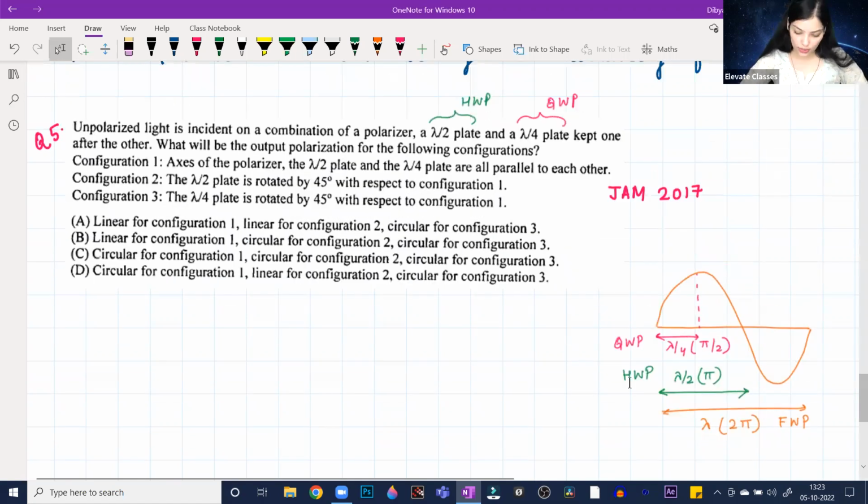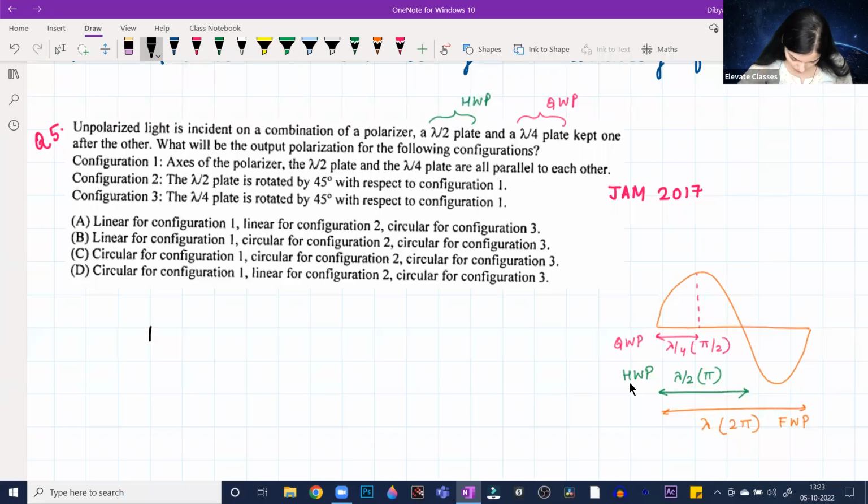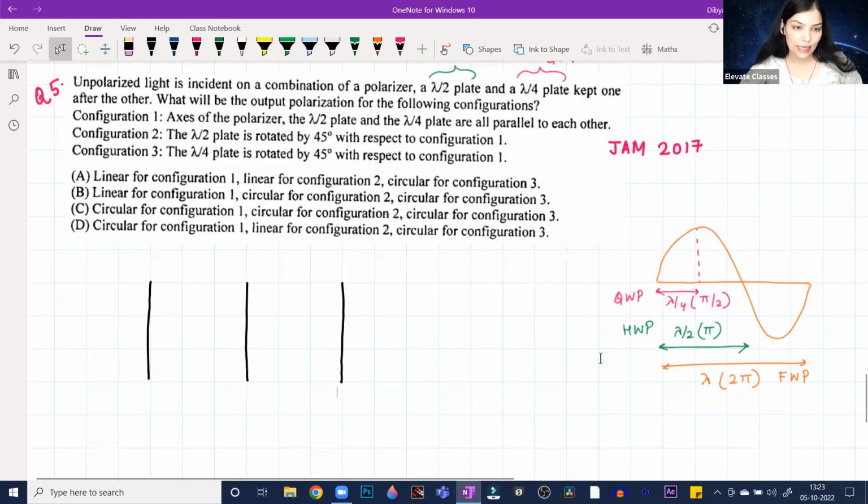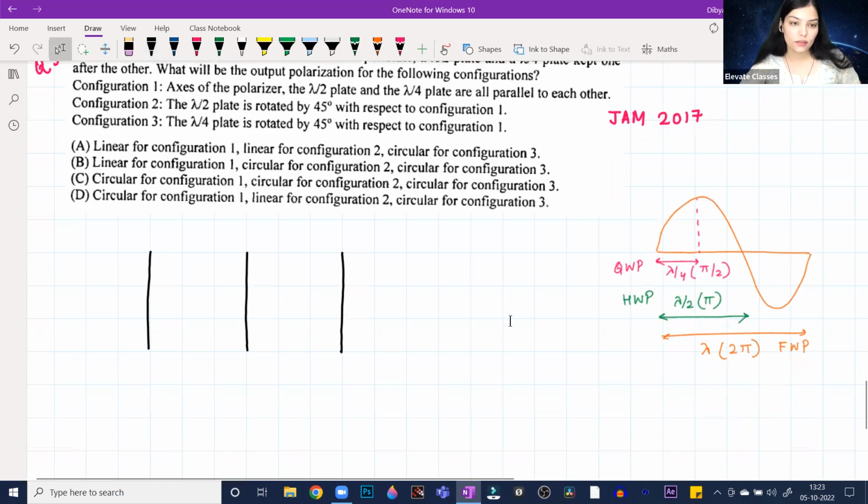I have a polarizer, a half wave plate and a quarter wave plate. First I am drawing a polarizer, then a half wave plate and a quarter wave plate. Configuration 1 is saying that the axes of the polarizer, the lambda by 2 plate and lambda by 4 plate are all parallel to each other.